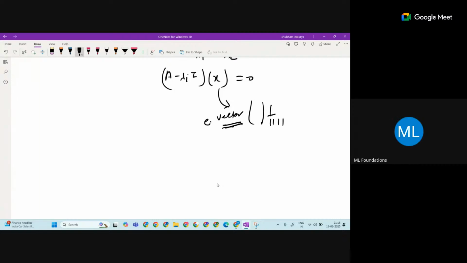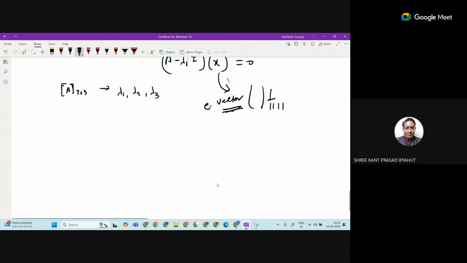Suppose you have a 3 cross 3 matrix and you have three eigenvalues, lambda 1, lambda 2, and lambda 3, and eigenvectors v1, v2, and v3. Just divide each by its norm, and it will be normalized.